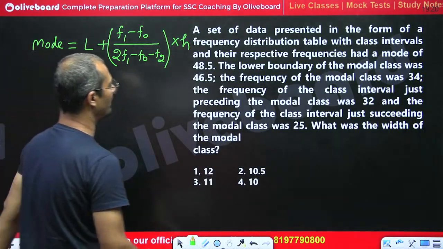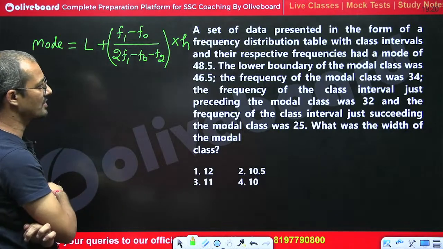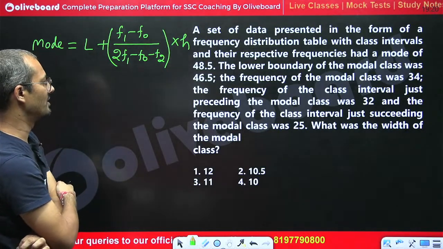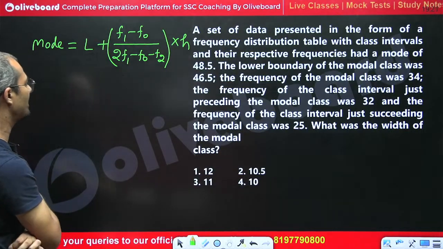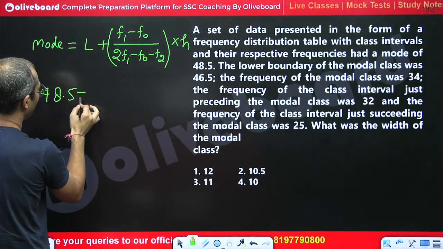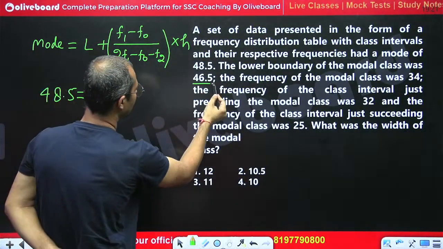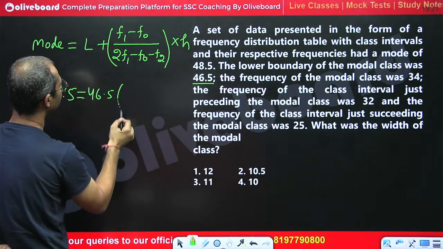So here we are given a set of data presented in the form of a frequency distribution table with class intervals and their respective frequencies, with a mode of 48.5, right? So the mode is 48.5 and the lower limit of the modal class is 46.5, right?